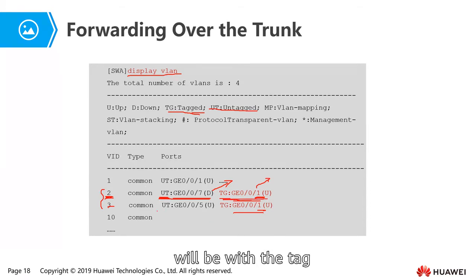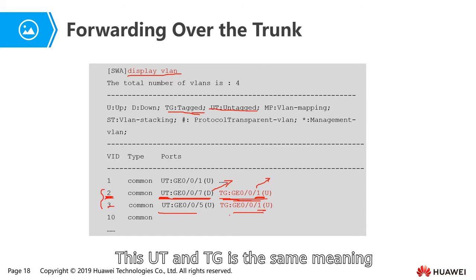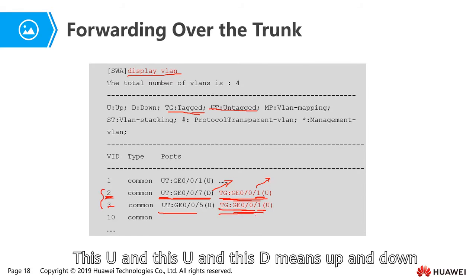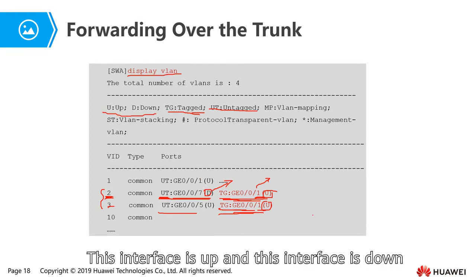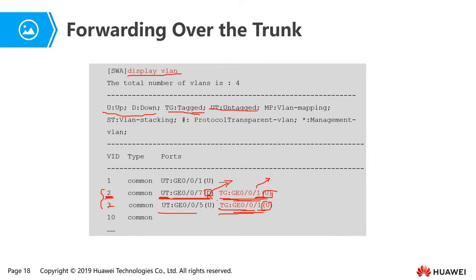The U and D mean up and down. This interface is up and this interface is down. This is how to check the trunk configuration.